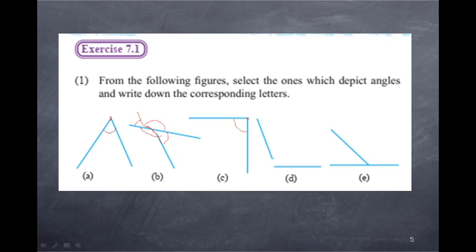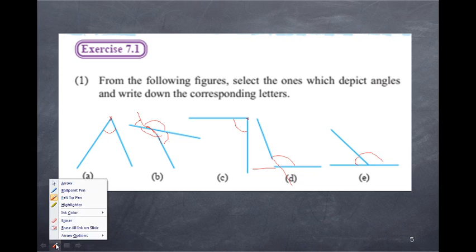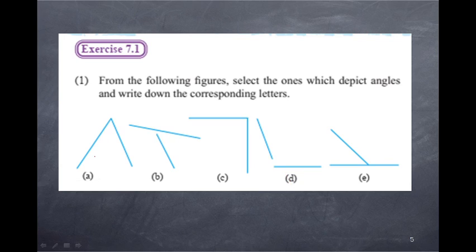And look at this one, the D. Just extend the lines. You can find an angle here. So it also has an angle. Here also we can find angles. Yeah, we can find angles, but directly it does not represent angles. Okay, let's look at that again.